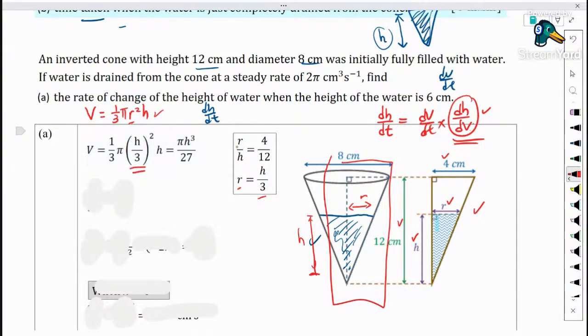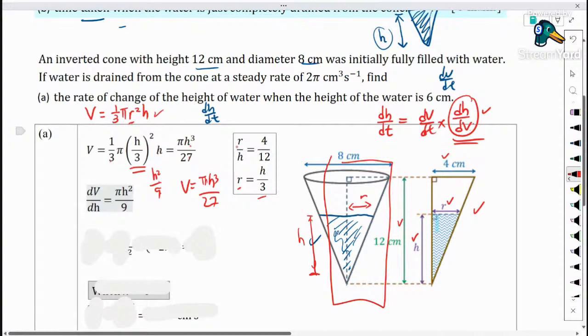Where this part here, if you expand, is H squared over 9. So H squared multiplied by H gives H to the power 3, and 9 multiplied by 3 is 27. We reach V equals pi H to the power 3 over 27. We find dV/dH is equal to pi H squared over 9.